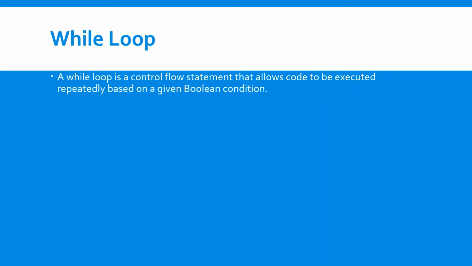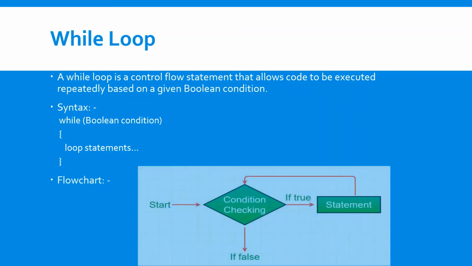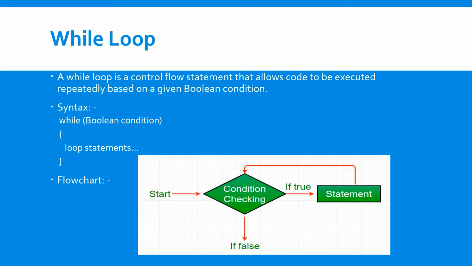A while loop is a control flow statement that allows code to be executed repeatedly based on a given Boolean condition. The syntax of the while loop is as follows. So how does the while loop work? The while loop starts with the checking of a condition.